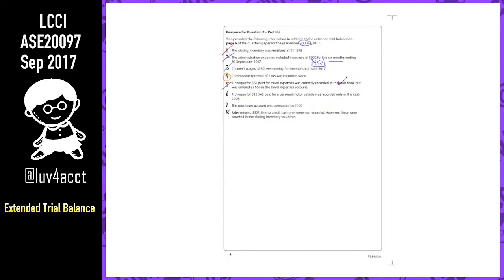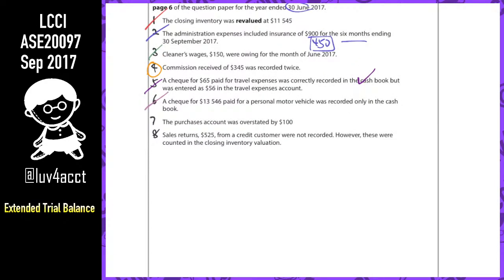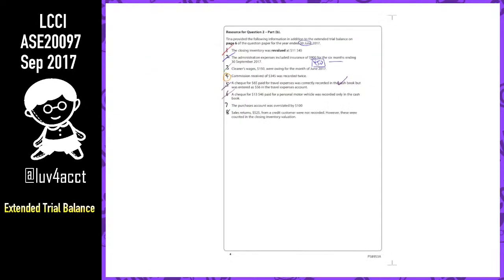Okay, next. The purchases account was overstated by 100. So that would be deducted from the purchases.